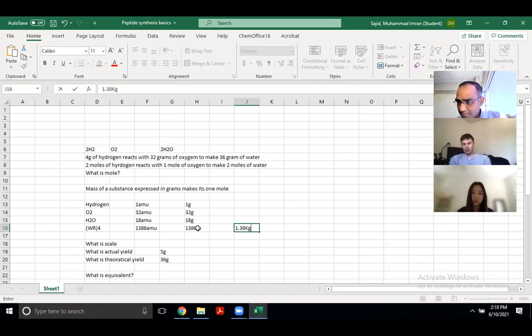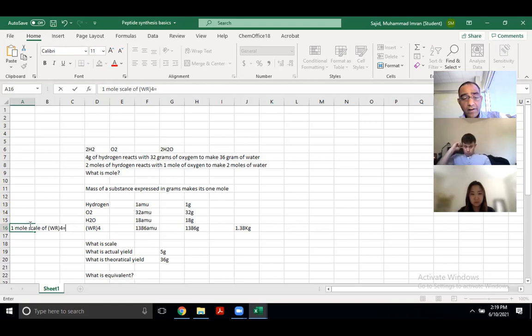A big thing. Obviously, it's a big amount, right? So if I ask you to make 1 mole scale of WR4, how much are you going to make? 1386 gram.